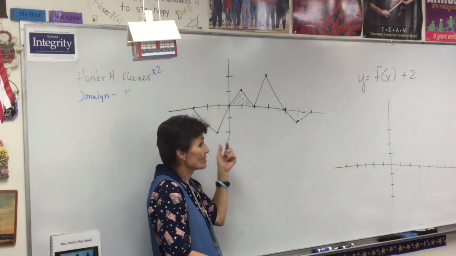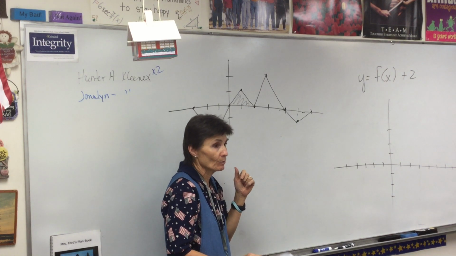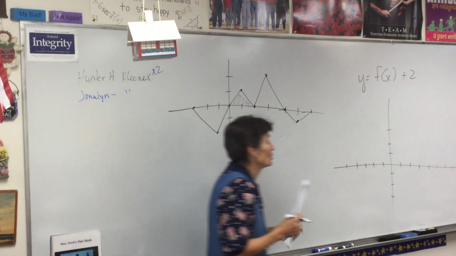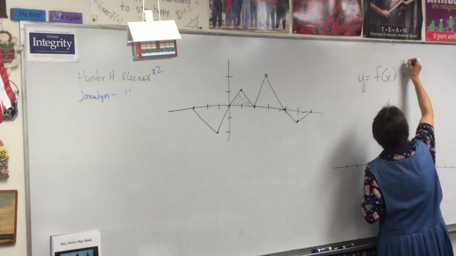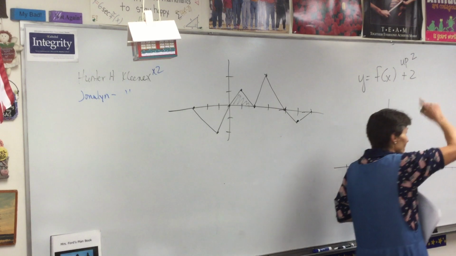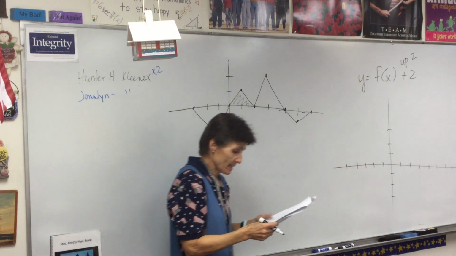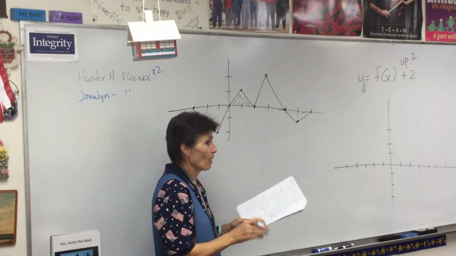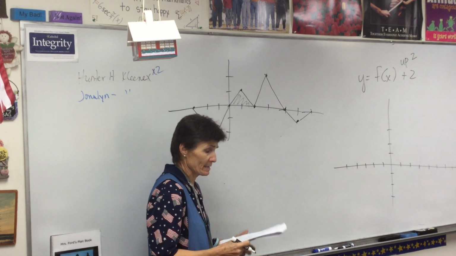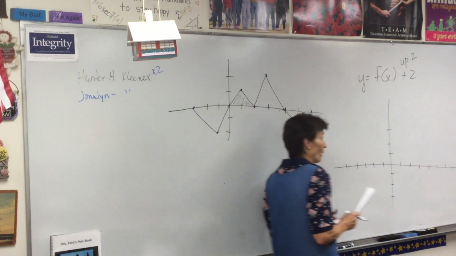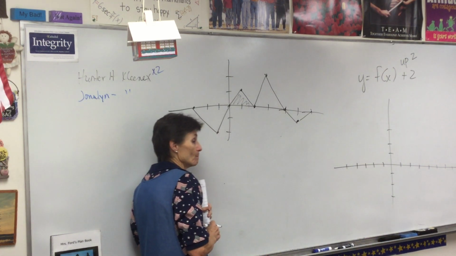What is that going to do to this picture if I add 2? It's going to take everything up 2. I like to make little notes there, especially if you look down some of the later problems, we're doing 2 or 3 things at once. So I like to write down in words what I'm going to do. I'm going to take my picture up 2.